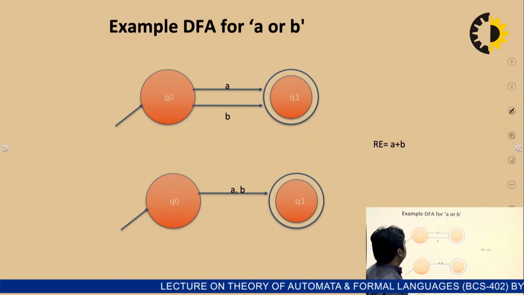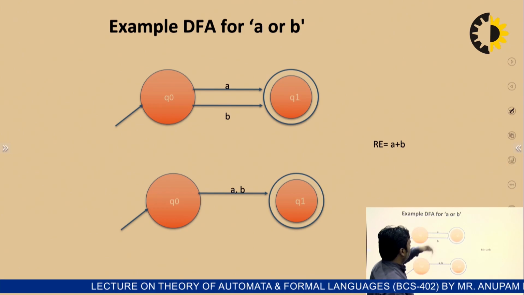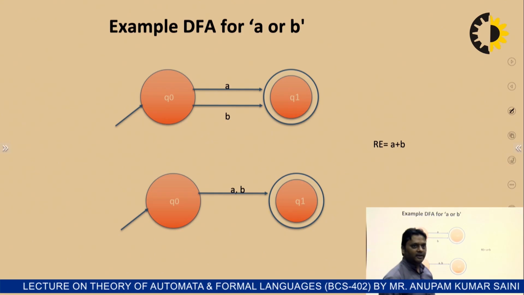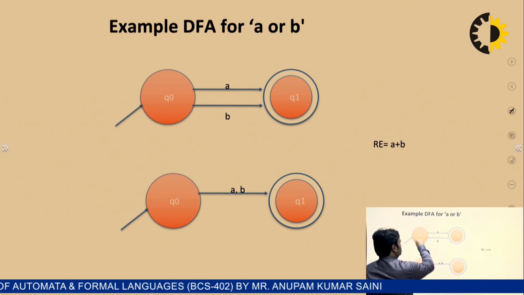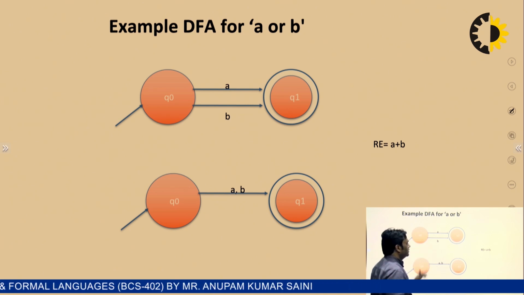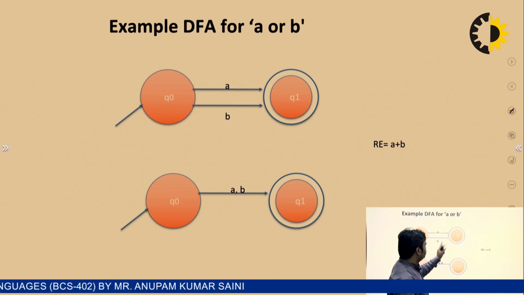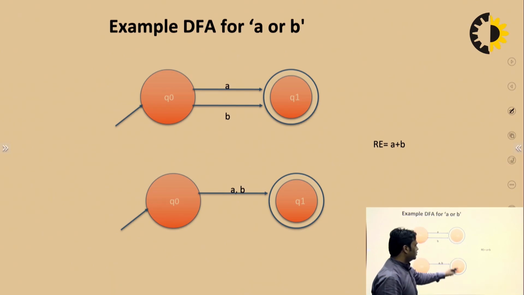Another example of a DFA is for A or B: it accepts A or B. Now we see the diagram. The initial state is q naught, the input symbol is A or B, and the final state is q1, meaning A or B. We show the DFA in this form, A or B, only for the description.